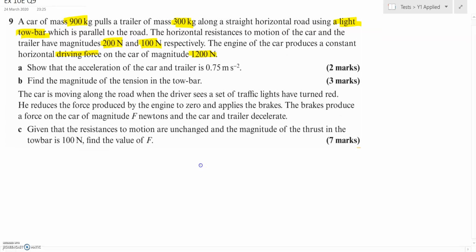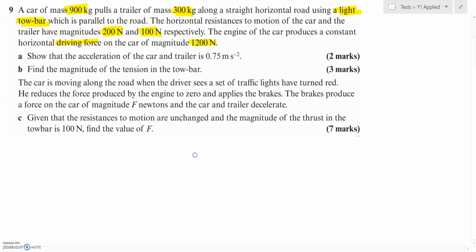Okay, so let's read it again and then sketch it. So we've got a car and we've got a trailer. The car has mass 900 kilograms and the trailer has mass 300 kilograms, and they're connected by a light tow bar, so that means they're going to have some tensions in there and there.